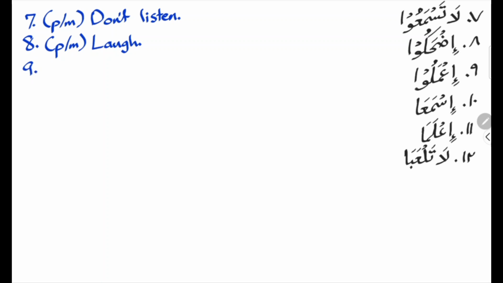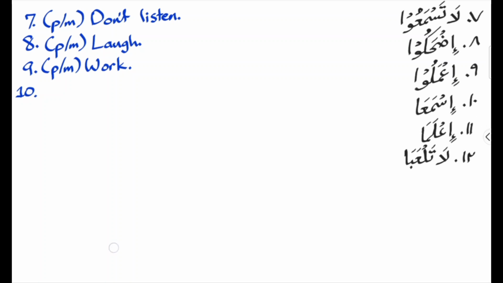Number 9, i'malu. Same format, same structure. If'alu, except it's from amila, which means to work. So again, it's plural masculine, and it means work or do something. Number 10 is isma'a. Again, that's from the root word sami'a, which means to hear, to listen.